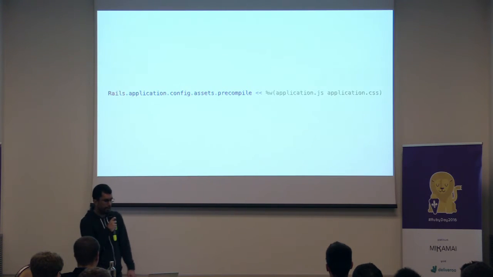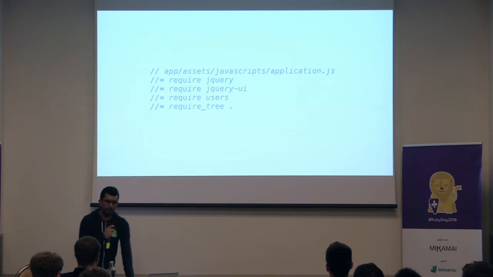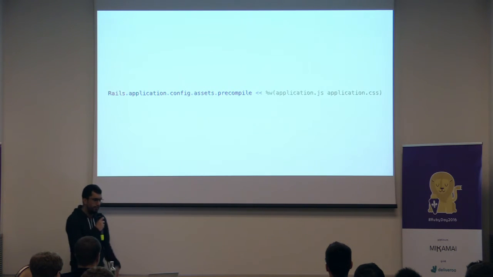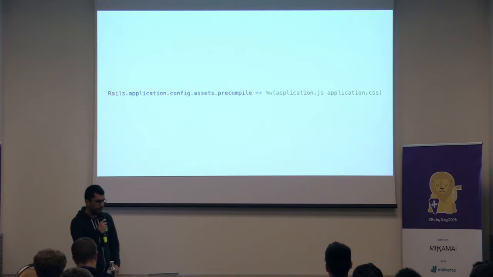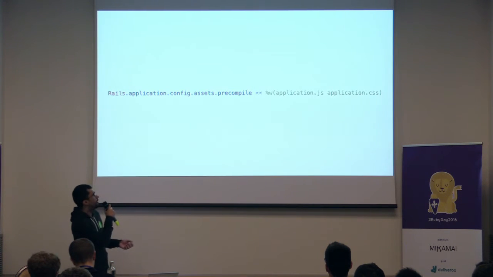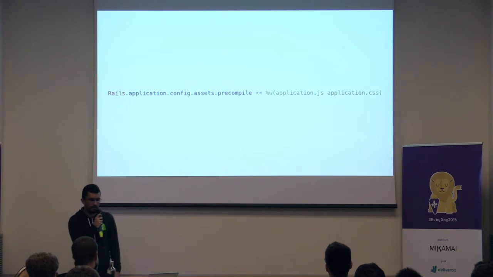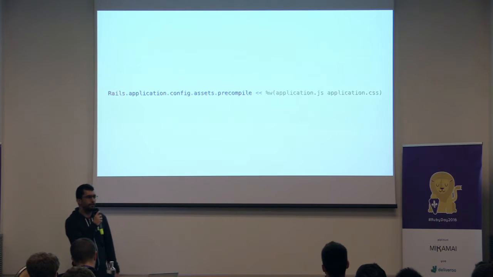Directives are just a different way to actually do this. This is what we used to have in Rails applications. It's saying to Sprockets that those 2 files, application JS and application CSS, are the bundles that are going to be generated. So no matter how many files you have in JavaScript, only 2 files are going to be generated.